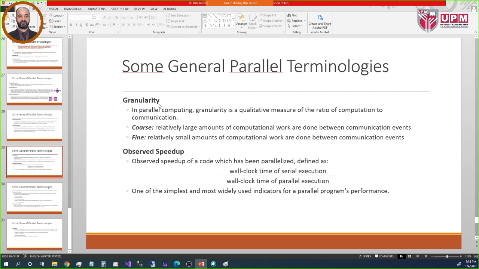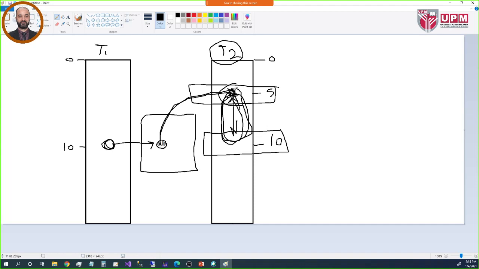We have coarse granularity and also fine granularity. Coarse granularity means relatively large amounts of computational work are done between communication events. Back to here, this is actually a communication event.